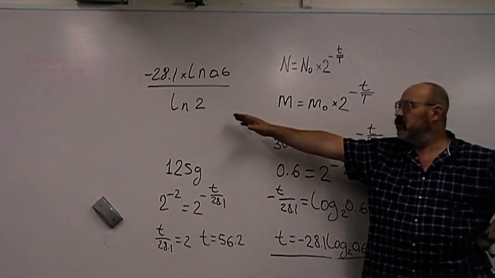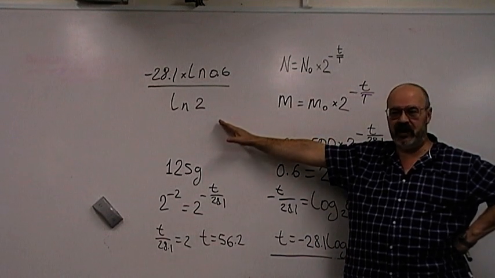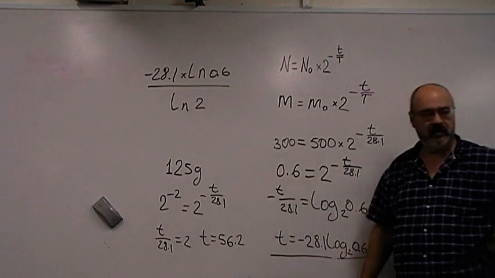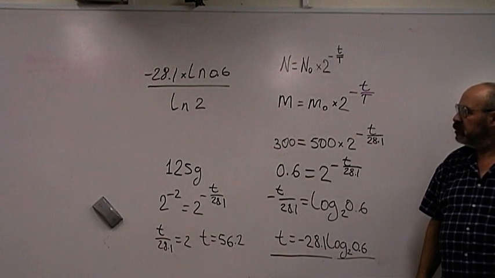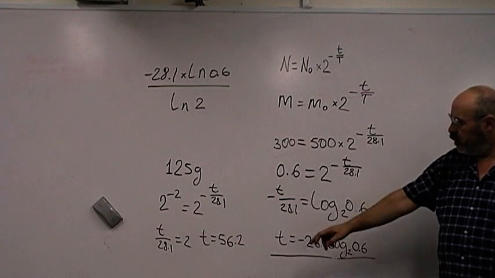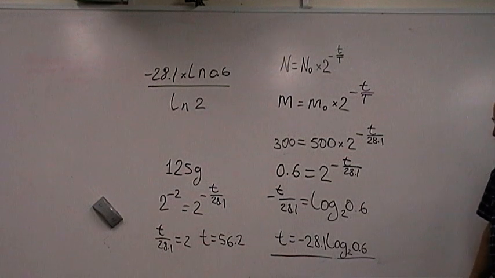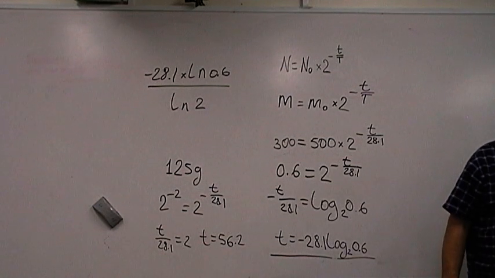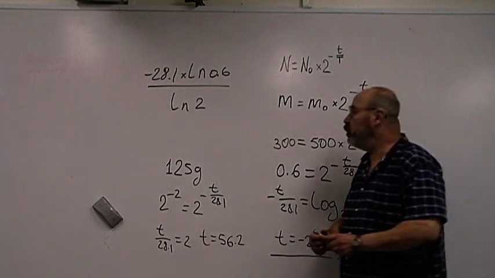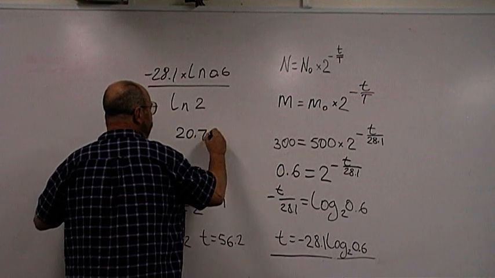So you just put this in your scientific calculator. It's 20.73, so we round it. So t equals 20.7 years.